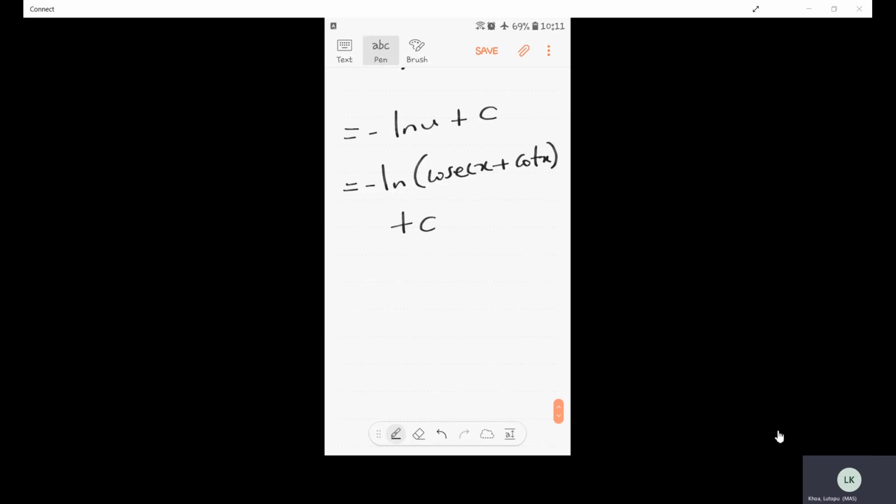So with sec and cosec, you can always use this trick. Cot and tan, those ones you can rewrite in terms of sine and cos, and let u equal the denominator. So for example, if I ask you to integrate cot x dx, this is cos x over sine x dx.